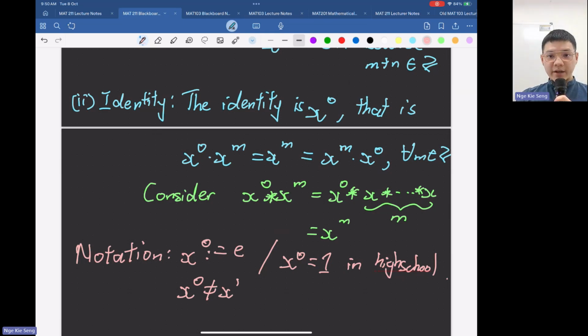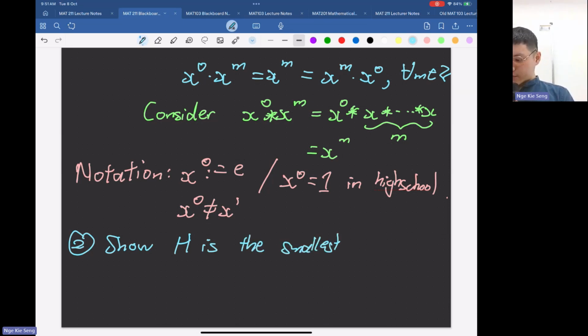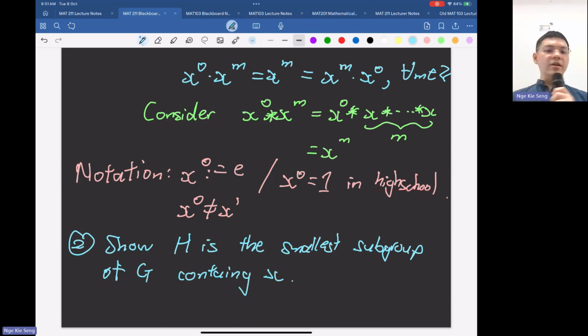Right, before we take a break, let's prove the last statement here. So we need to show that H is the smallest subgroup of G containing X. This containing X is very important here.